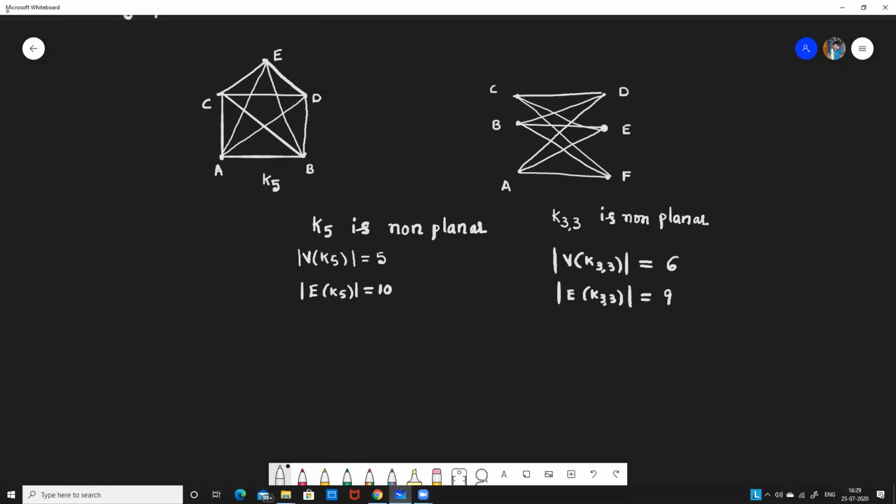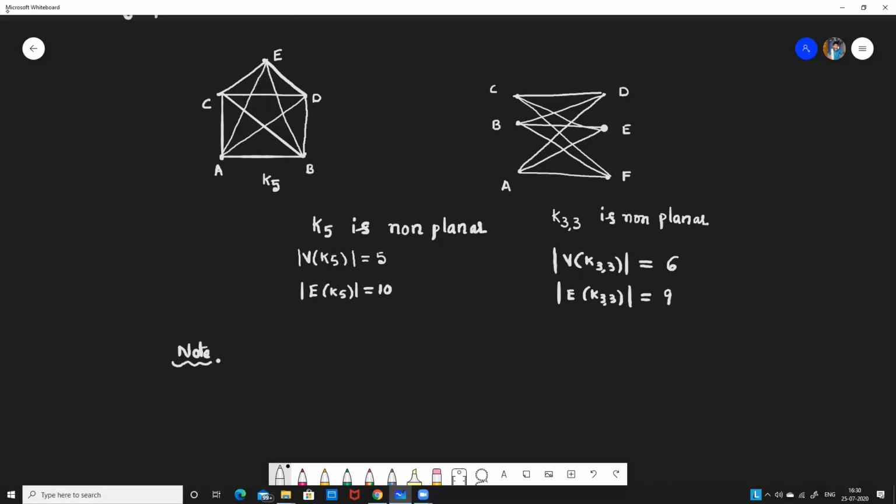From the examination point of view, what kind of question will they ask based on this topic? Which of the following is a non-planar graph with the minimum number of vertices? If they ask with the minimum number of vertices, then K5 has only 5 vertices and is non-planar. Let me write that point.